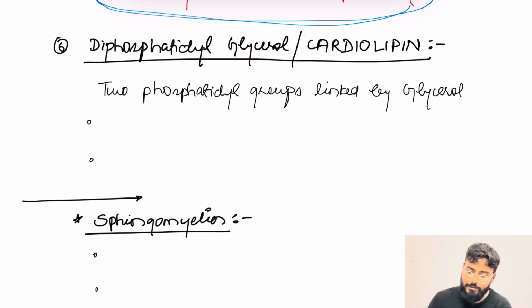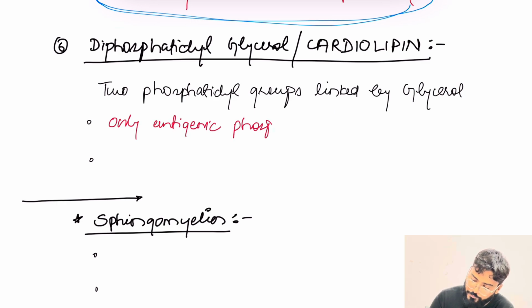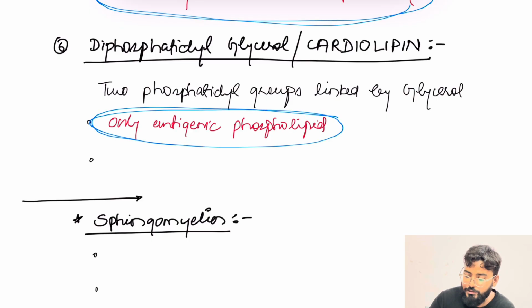So the function of cardiolipin is that it is the only antigenic phospholipid. It has antigenic properties, and it is the only antigenic phospholipid that you are going to see.